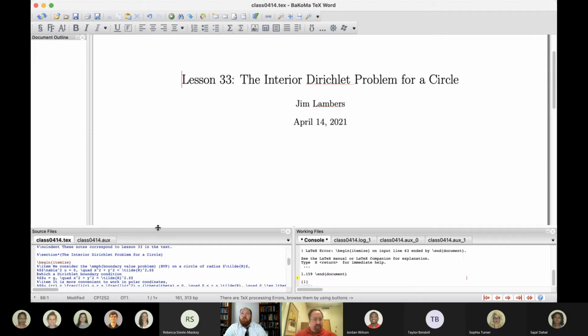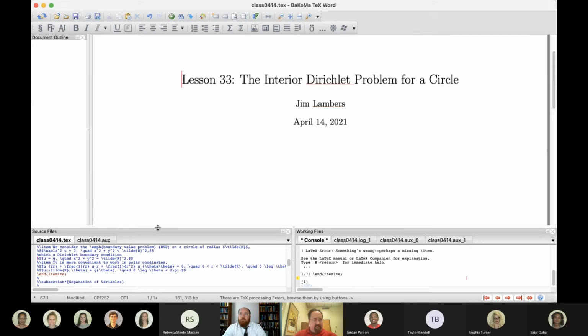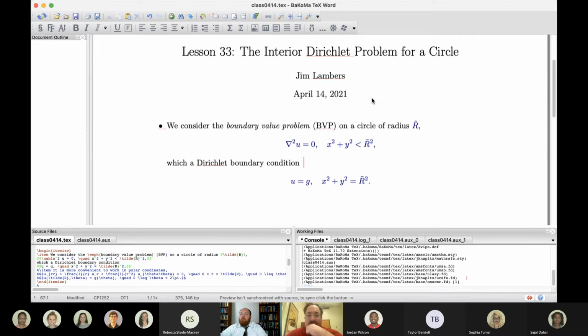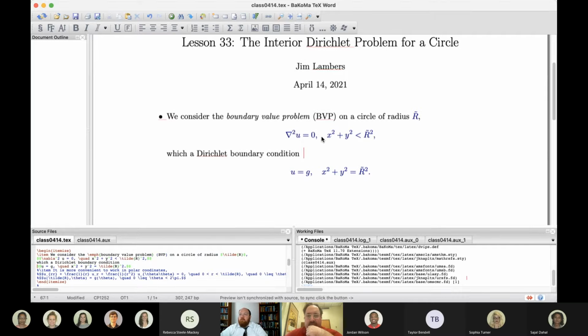A problem we're going to be looking at today is a boundary value problem on a circle, or you can think of it as a disk, with the radius being r tilde. I have r tilde because I need capital R for something else a little later on.